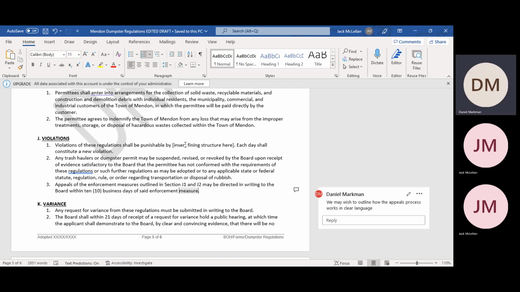So if the property owner consistently refuses to leave the dumpster closed, or is responsible for damaging the dumpster or leaving the area excessively dirty, you could fine the owner, because that's the owner's fault, not the fault of the hauler, because the hauler's not involved in that.